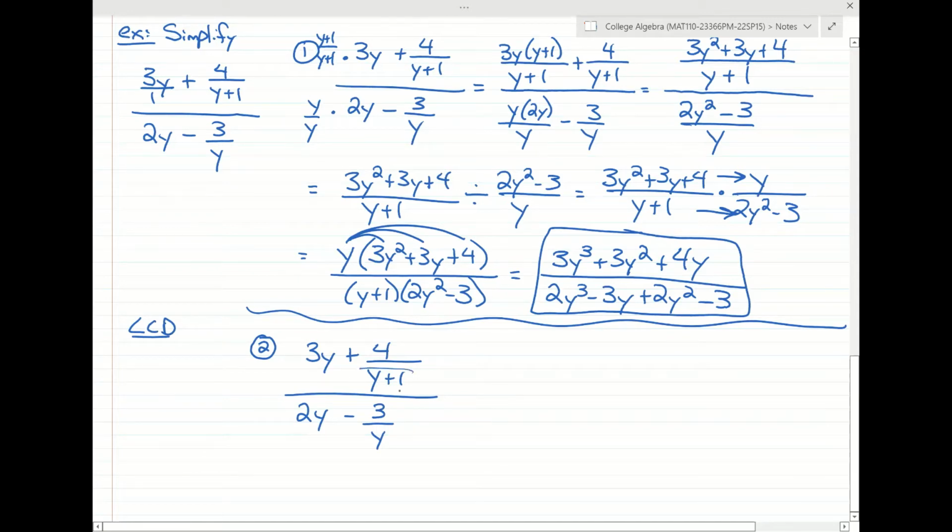So we're looking at y plus 1 and y. What would be the least common denominator for those two? You definitely need a y plus 1 that takes care of the top, but you also need a factor of y. So we're going to multiply everything on top by y times y plus 1, and everything on the bottom by y times y plus 1.